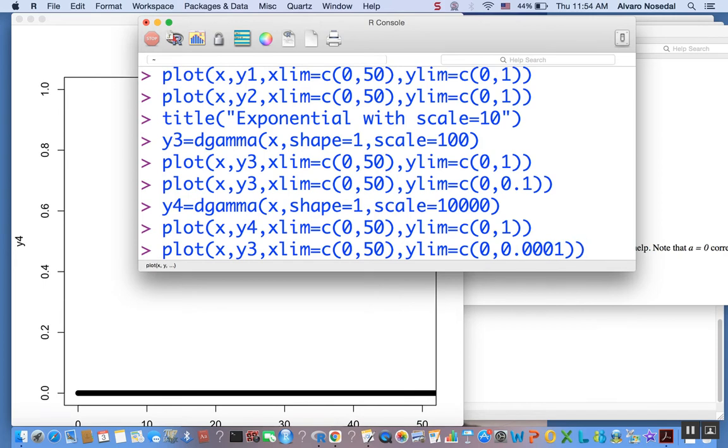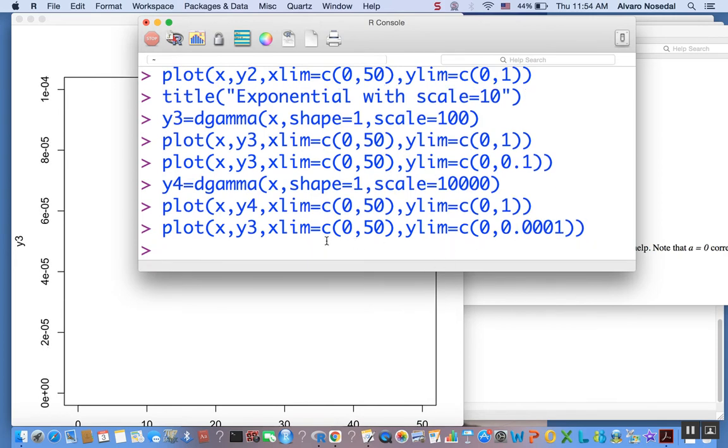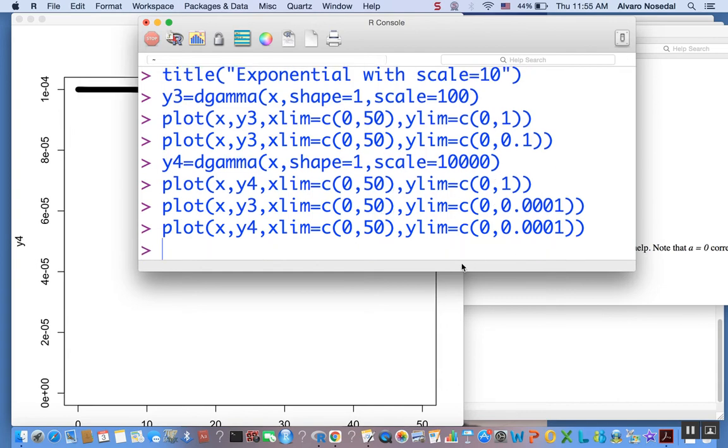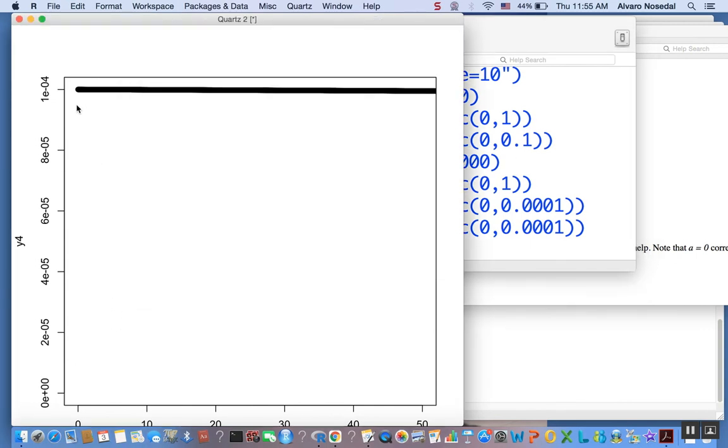Let's see if that works. Oh, no, what I need here is y4, right? Yeah, y4 is the one that I want. So can you see that here, we basically have almost like a flat line, right? But we have a really, really small slope that goes from 0 to 50, right?